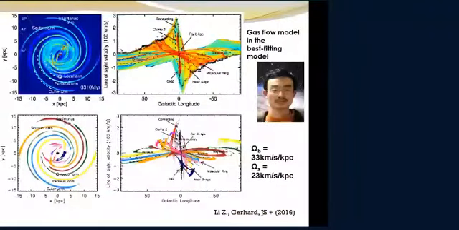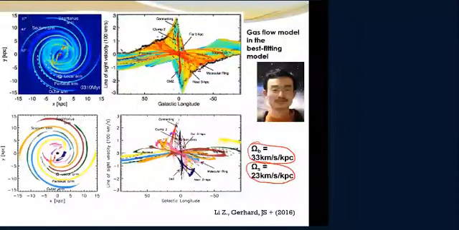Once we have this bar potential, we can add the spiral arms to it, and also vary the bar pattern rotation speed. This is the bar pattern rotation speed we found, and the spirals are also rotating, so we can vary the spiral rotating speed too.